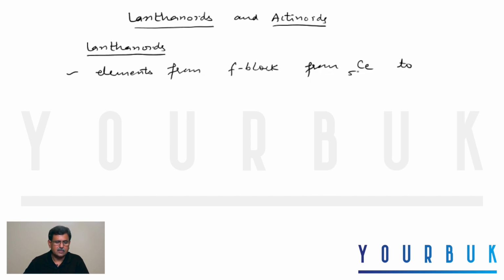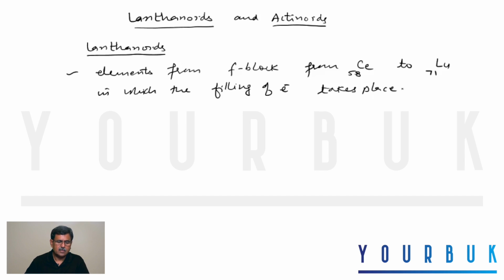Cerium atomic number is 58, to lutetium atomic number is 71, in which the filling of electrons takes place in the anti-penultimate, which means the third last, 4f subshell.